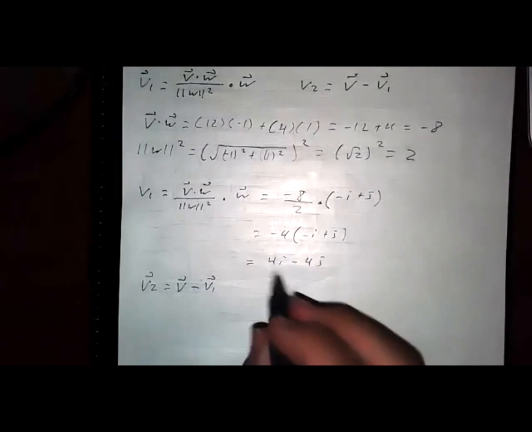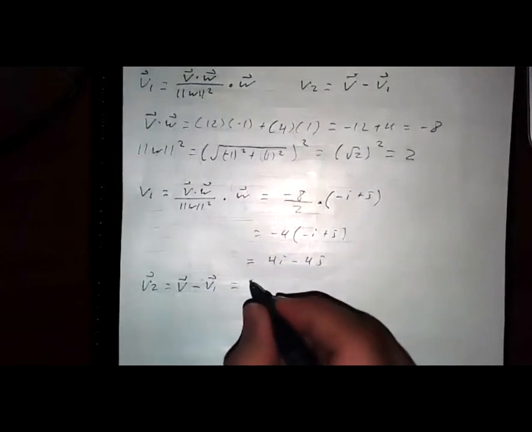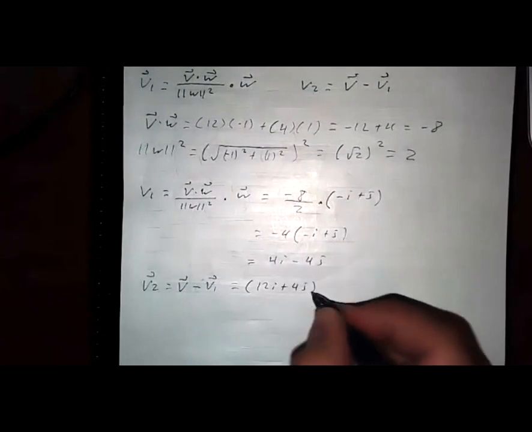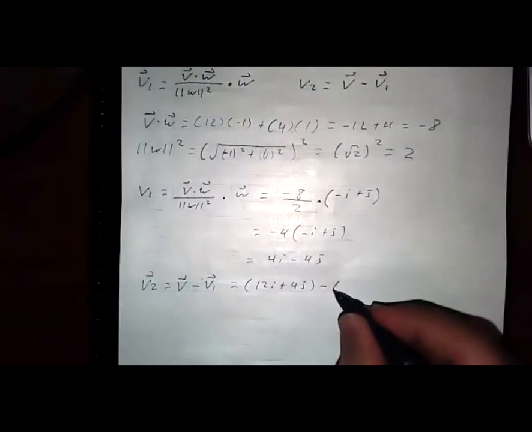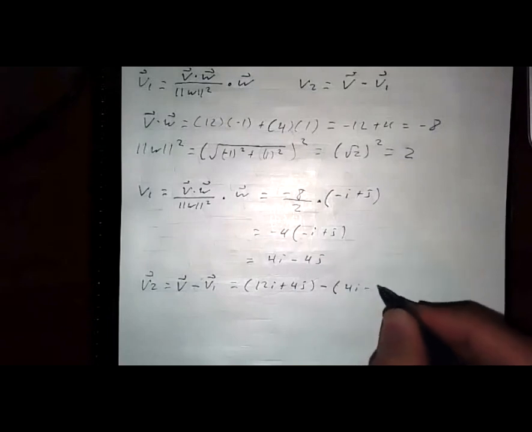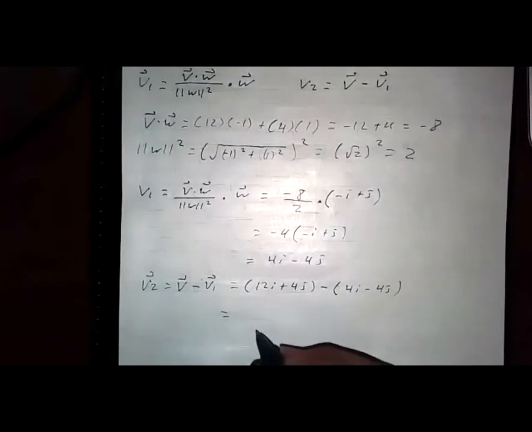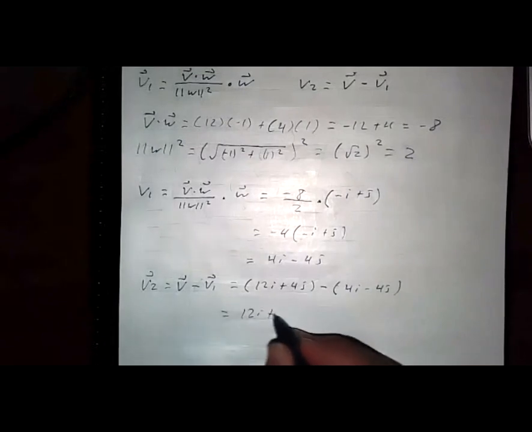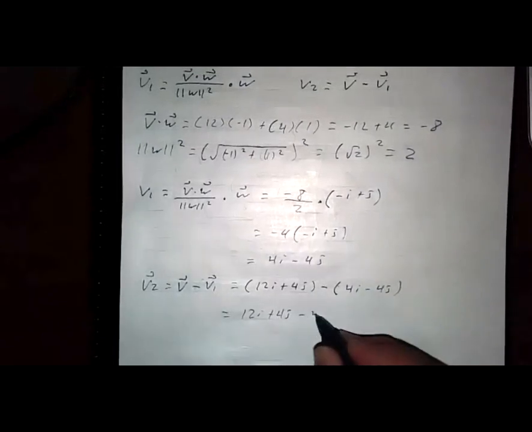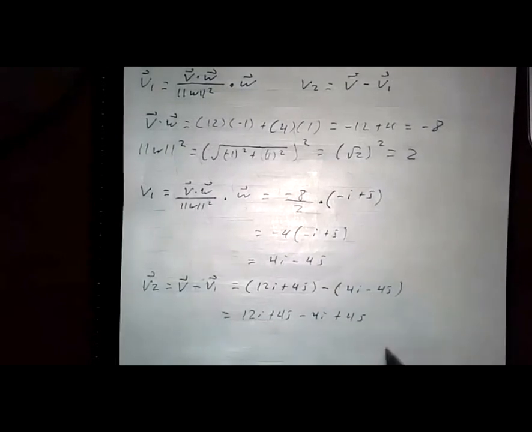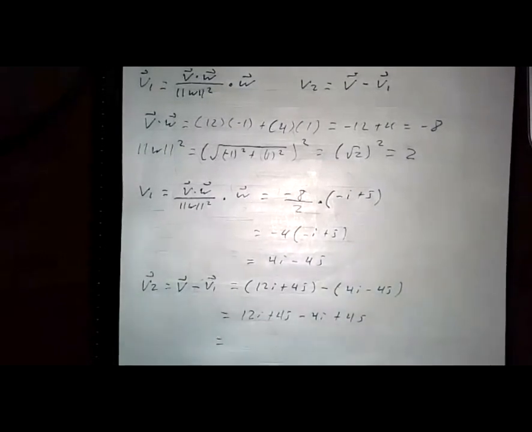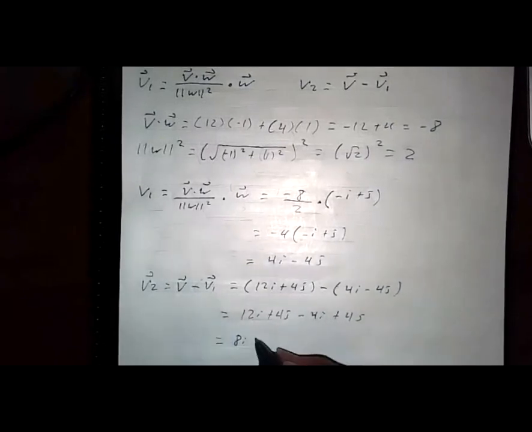So here is V, the original, 12I plus 4J, minus the result I got from V1, 4I minus 4J. So that will be 12I plus 4J minus 4I plus 4J. So 12 minus 4, 4 plus 4.